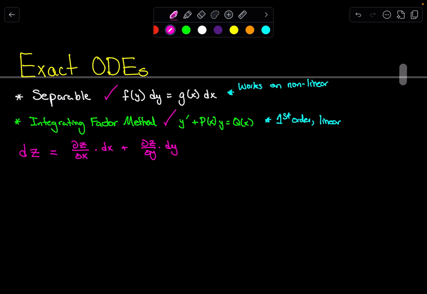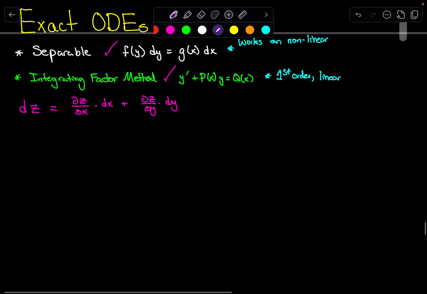Now, the best intuition I can give for this would be to very quickly return to Calculus 1. And remember that, in Calculus 1, we learned that this thing called dy dx is equal to f prime of x. We said this is the slope of a function.